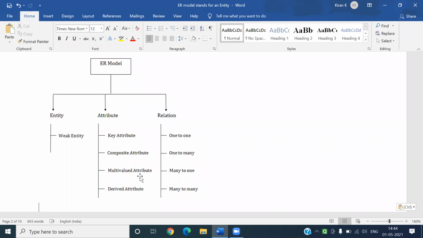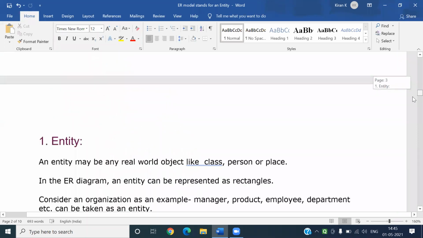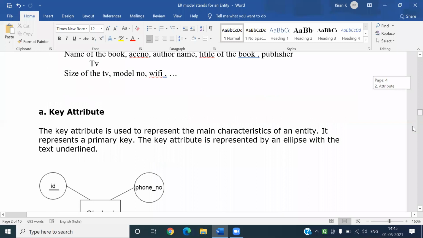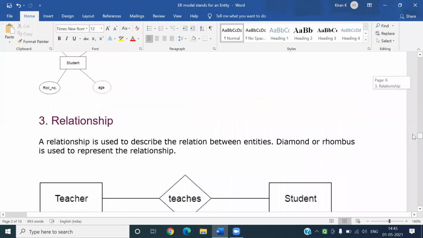Now let us talk about what do you mean by relation between entities. There are 4 relations, my dear friends: 1 to 1, 1 to many, many to 1, and many to many. Let us see these relations today. Right?